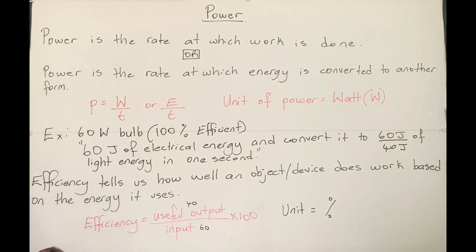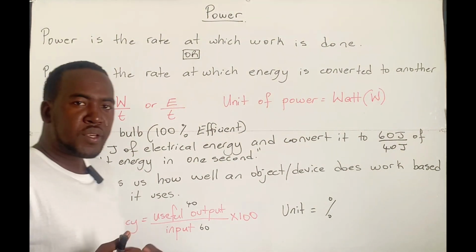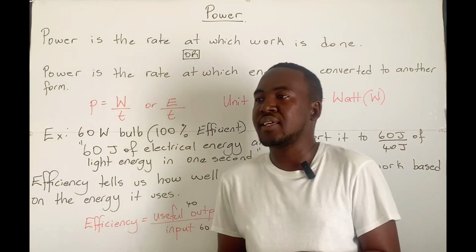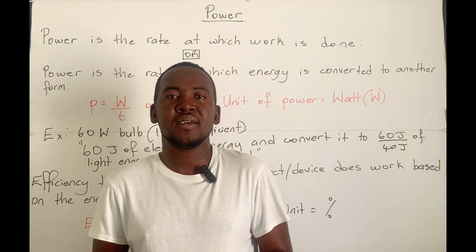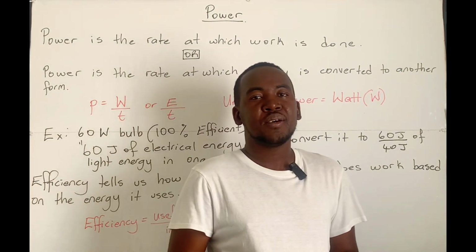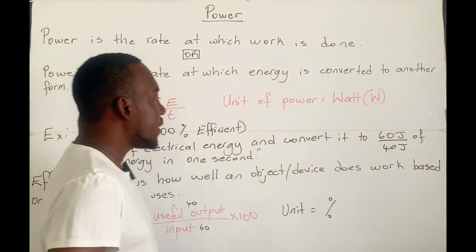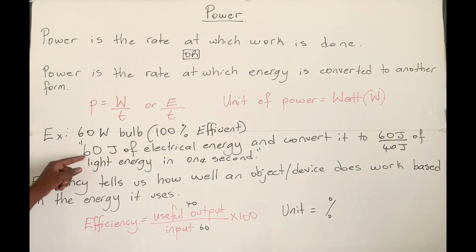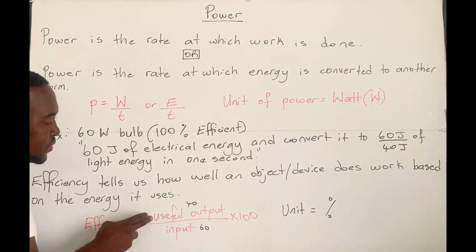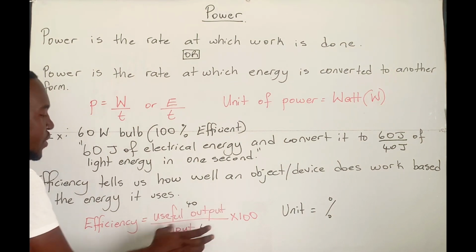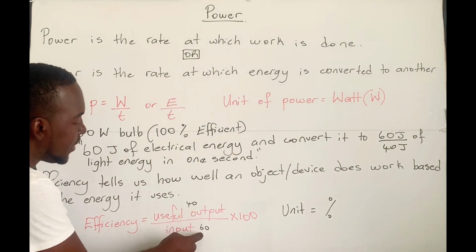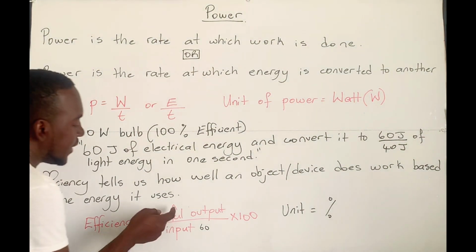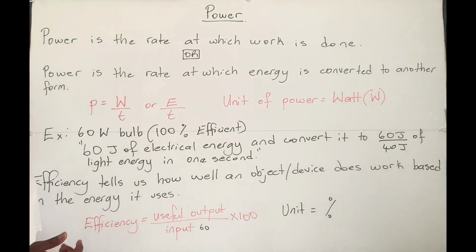On the concept of efficiency, nothing on earth is 100% efficient, but we try to make things close to it so that not a lot of waste is produced, and hence you get more from what you're using. So remember, we're using the useful output over the input. If our input is 60, the goal is how best we can create a bulb that will give a useful output as close to 60 as possible.